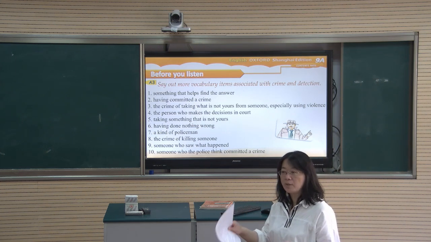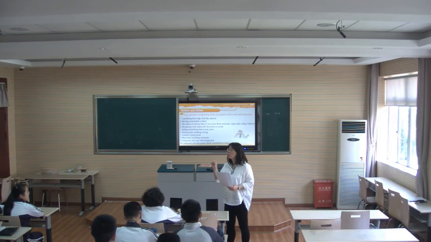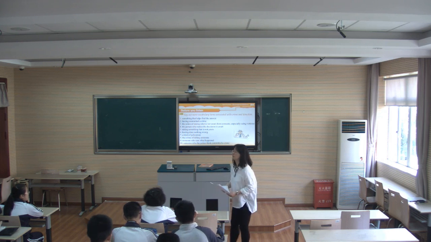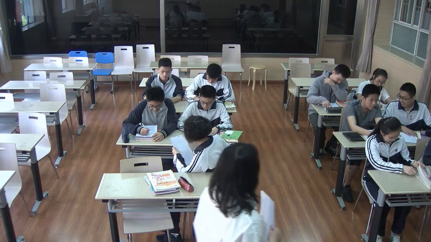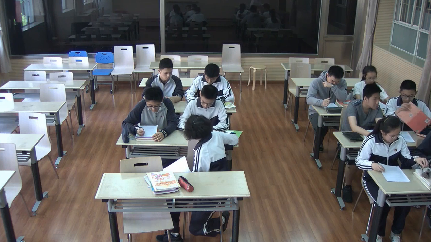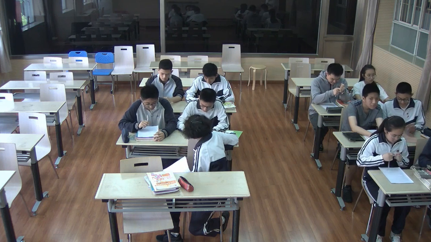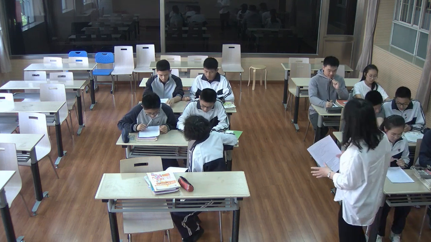Discuss them with your partner, okay, and get the new words and expressions we have learned. Okay, now please go. Yeah, have a discussion. Maybe you do not need to write down, just to talk about it. Think about it.